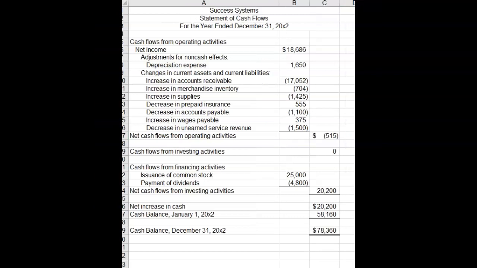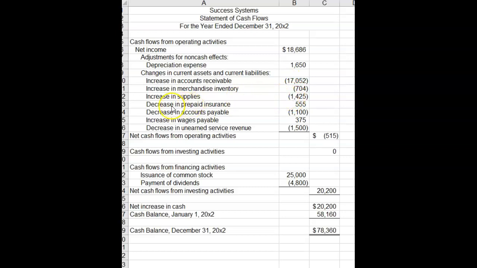Remember rule number 1? Changes in current assets have the opposite effect on net income. Because we had an increase in accounts receivable, merchandise inventory, and supplies, those increases have an opposite effect on net income and will decrease net income.